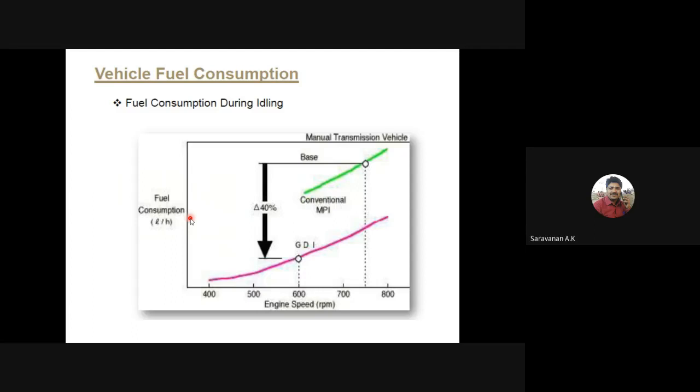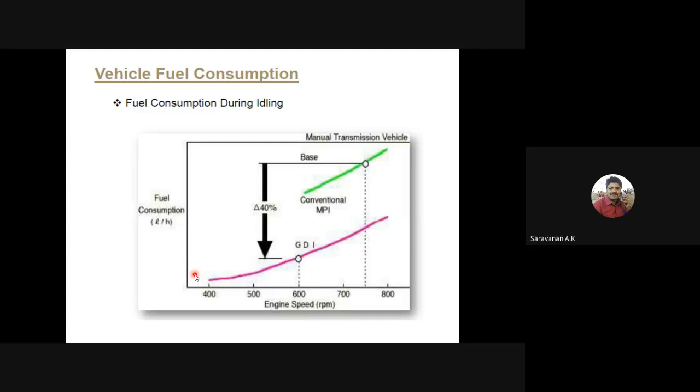Then you can see the fuel consumption also. The GDI engine will consume only a less amount of fuel. For example, in older engines, we accelerate the pedal so the engine runs at 60 or 80 kilometers per hour, and only then can we get good mileage.